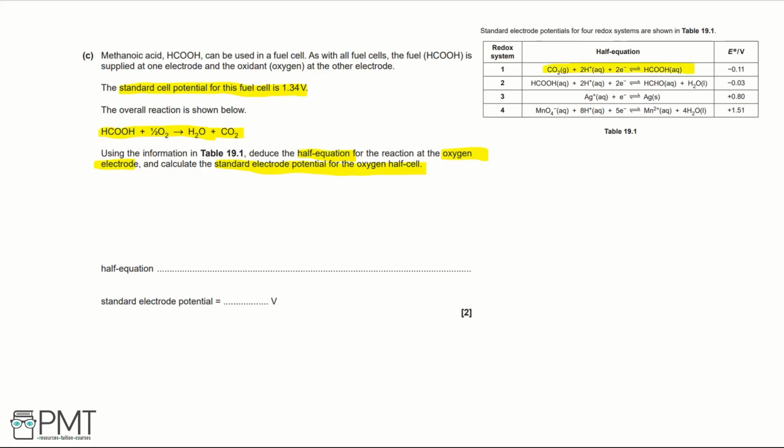Redox system 1 is very negative, and we can already tell that it's been shifted left because the methanoic acid is on the left of this overall reaction. So if we rewrite this, we have HCOOH going to CO2, 2H+, and 2 electrons.